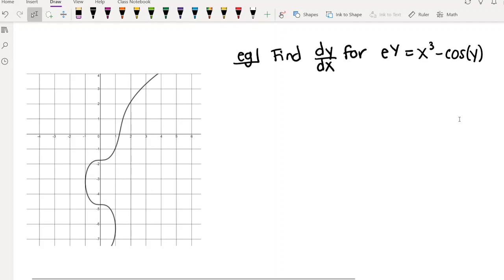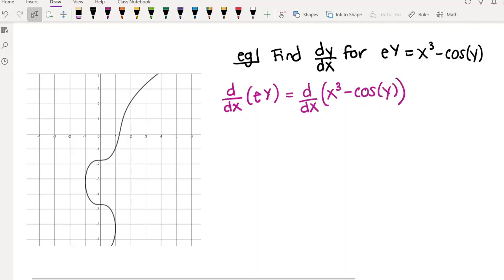Okay, so we're going to start by taking the derivative of both sides with respect to x. So we have e to the y on the left-hand side, and then on the right-hand side, we have the derivative of x cubed minus cosine of y. On the left-hand side, we're going to have to multiply by dy/dx, because there's a y in it. So again, I would think of a separate chain rule example.